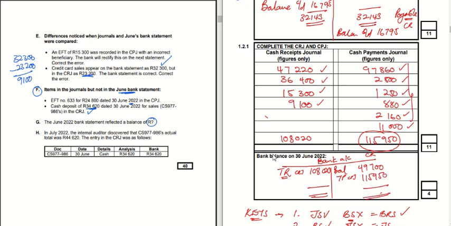And then I'm going to add up everything now. So I'm going to look for the side with the highest amount, whereby you have your 49,700, and you're adding 115,950. That is going to give you 165,650.